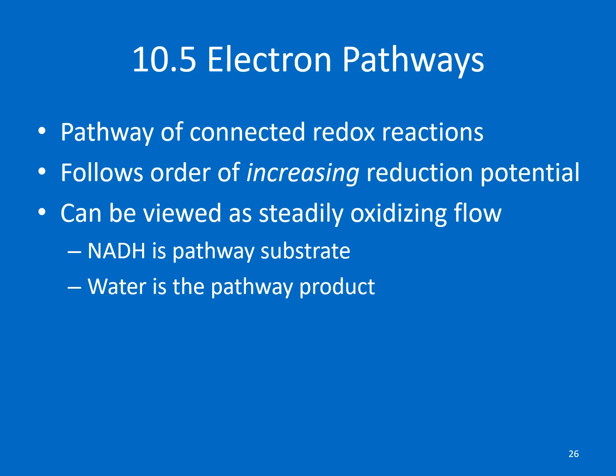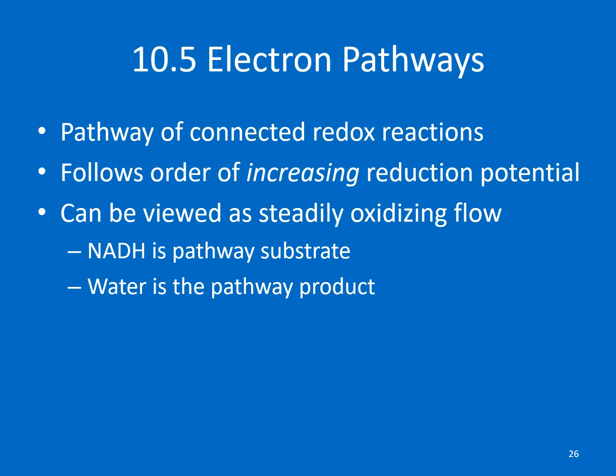This entire situation we've got here is a pathway of connected redox reactions. So those electrons are getting transferred from NADH to Q to oxygen. And this is in order of increasing reduction potential. So the opposite of that would be steadily oxidizing flow. So this is a way you can view that.